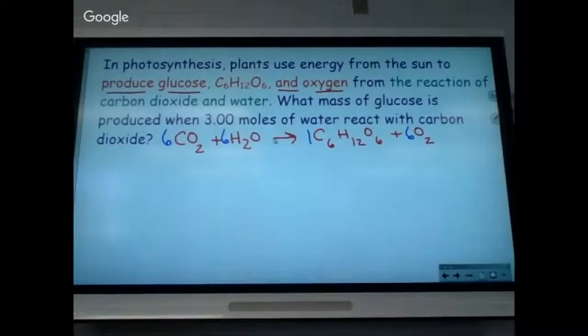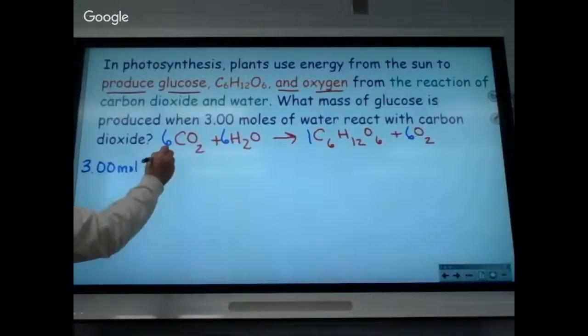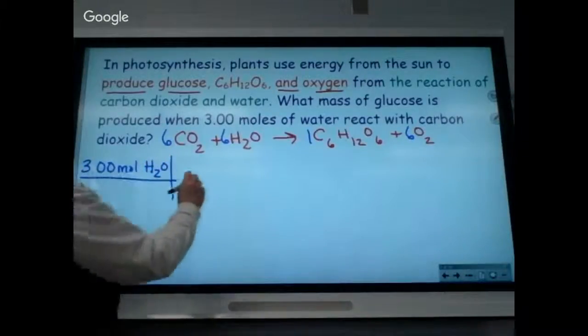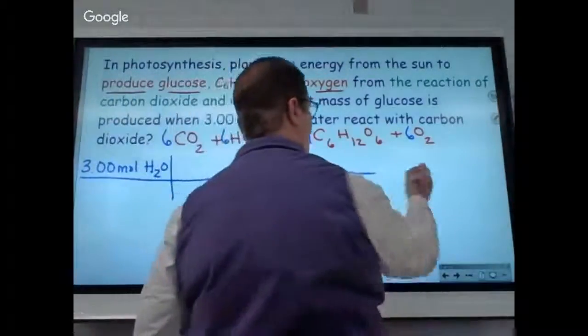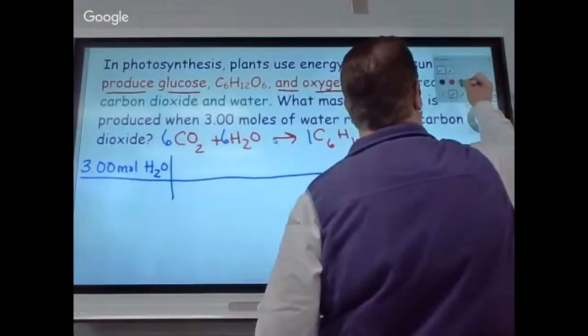Now, at this point, you're ready to draw your chart. But you're given data. 3 moles of water. Okay, so this is the one where we'll write all the stuff down below, the stuff that you're going to ask yourself in your head, because it's going to be a longer chart.